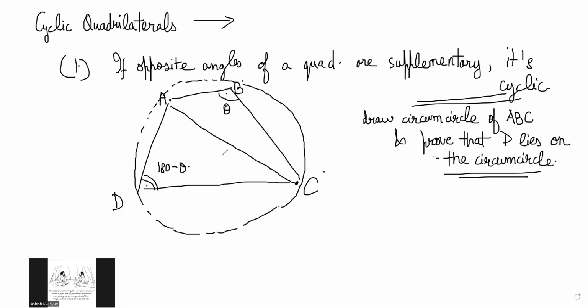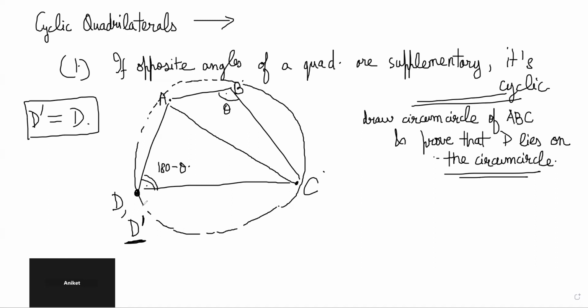So now what I can say is, let's say there is an alternate point D dash here. Correct? D dash is the point that lies on the circle. Okay, sir. I will prove that D dash is equal to D. That's what I will prove. So let's assume that there is a point here, D dash.